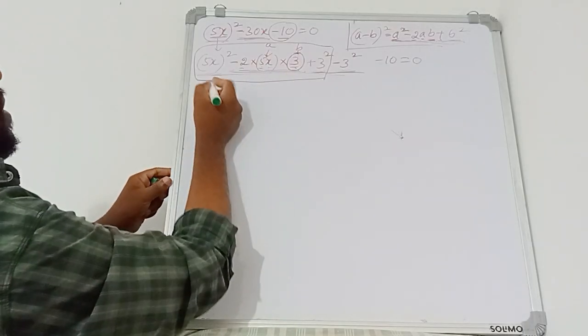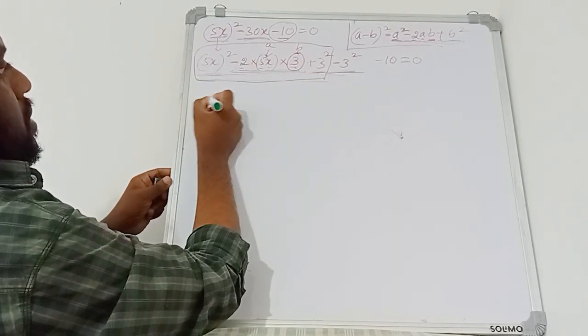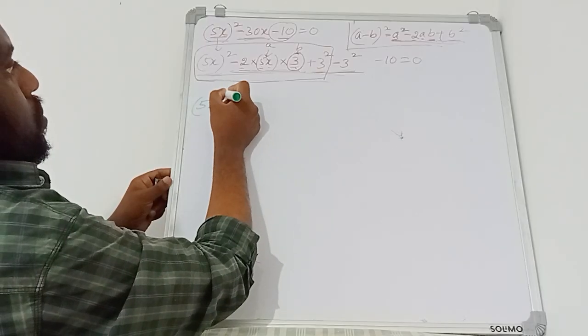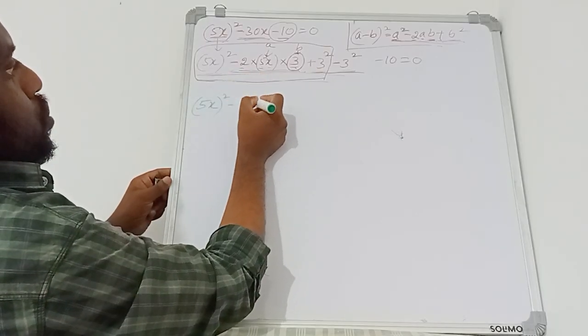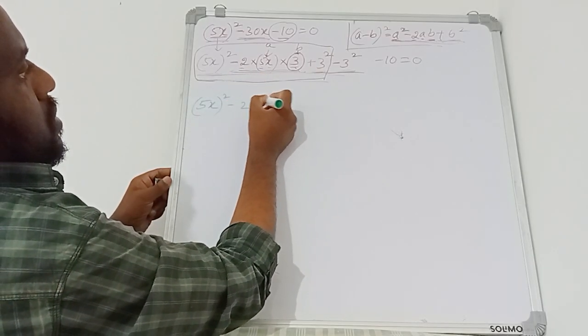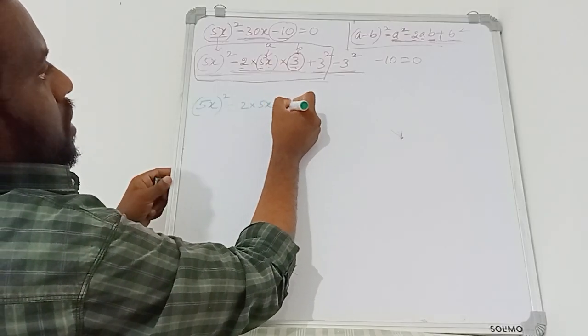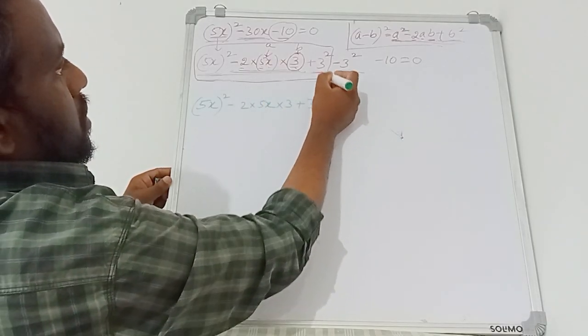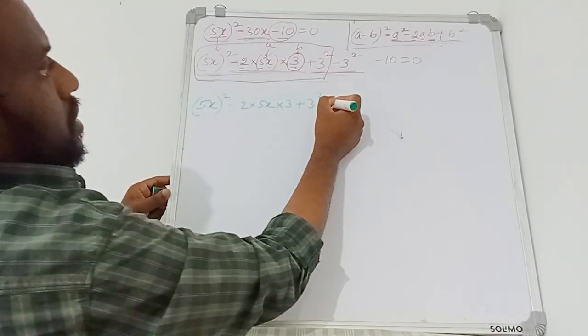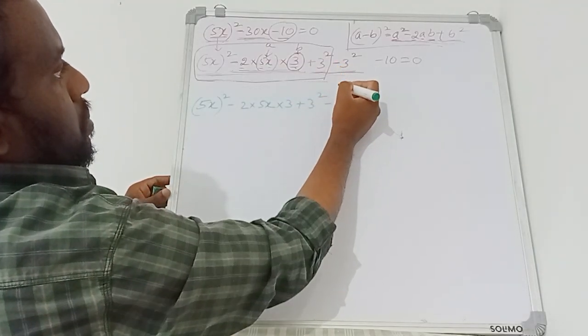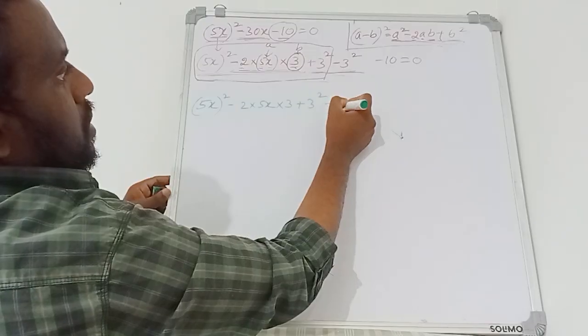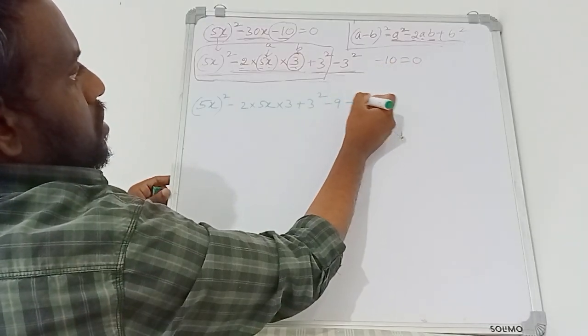This whole thing I am writing again: (5x)² minus 2 into 5x into 3 plus 3², till here. Here you simplify. From here 3² is 9. This minus 10 is equal to 0.